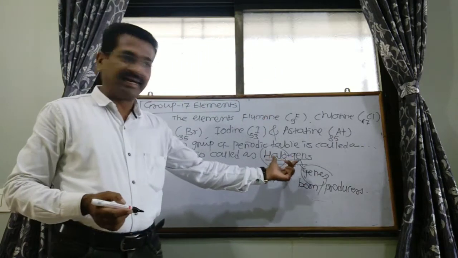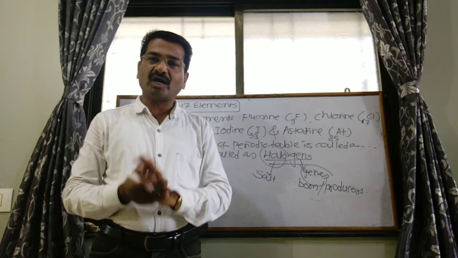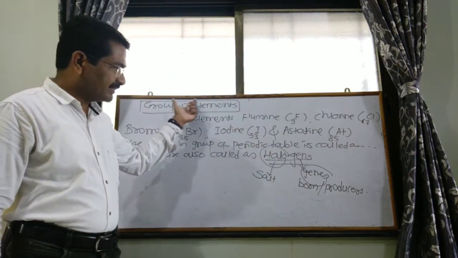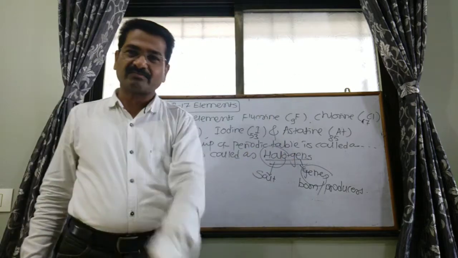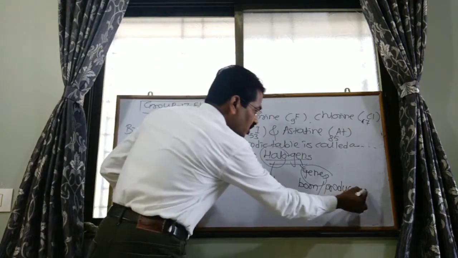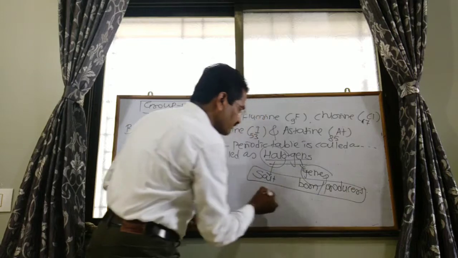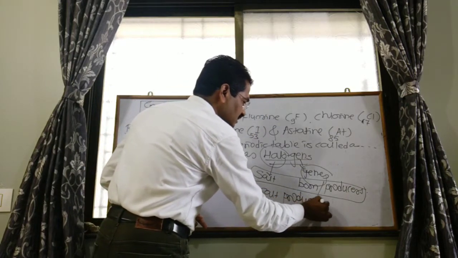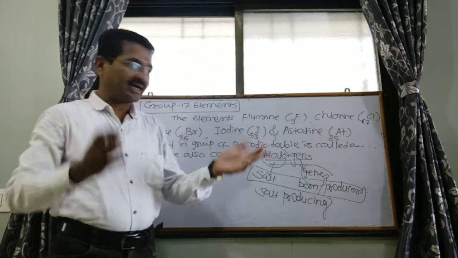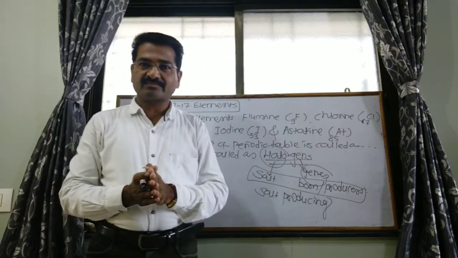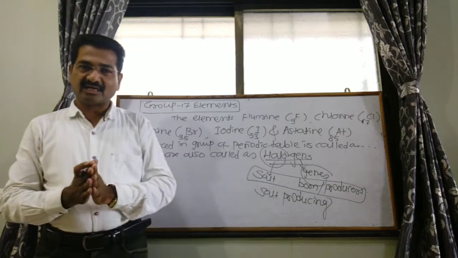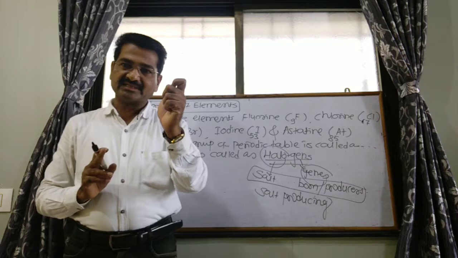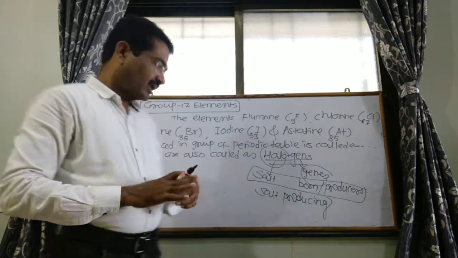So combined, halogens means salt producing elements. Those elements that can produce salt are called G17 elements, and G17 elements are called halogens. Remember that point.